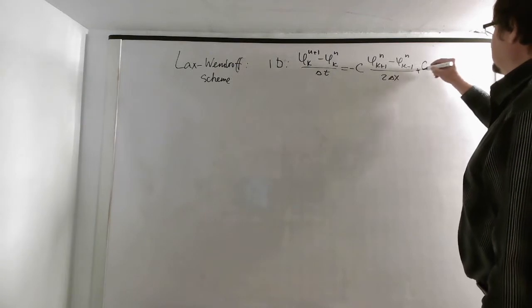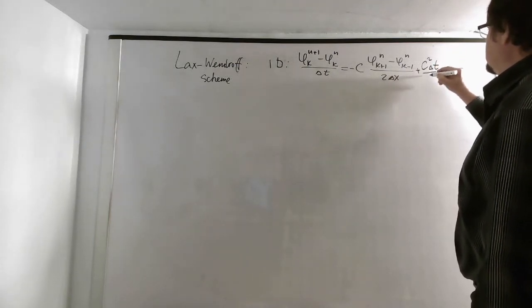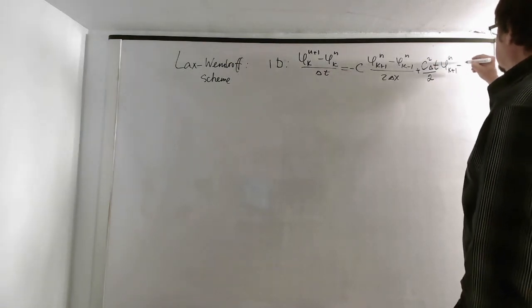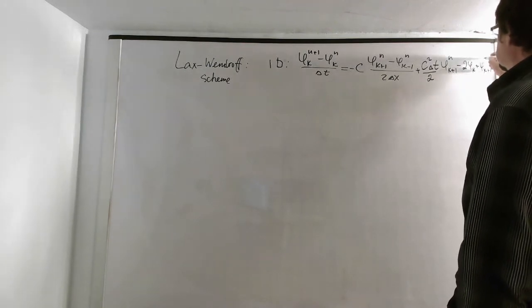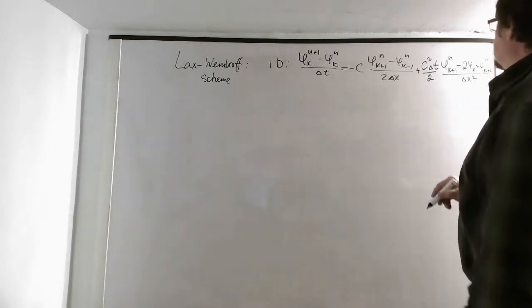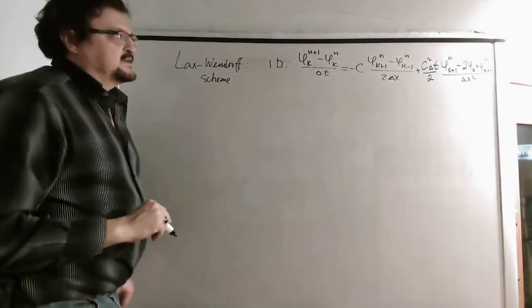So we have a scheme like this, c squared delta t divided by 2, times the diffusion. This is the Lax-Wendroff scheme, or Crowley scheme, the one-dimensional one.